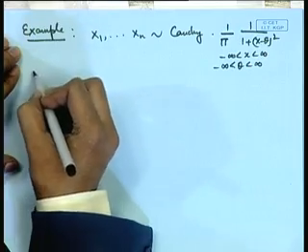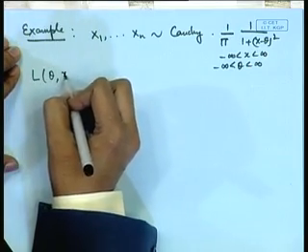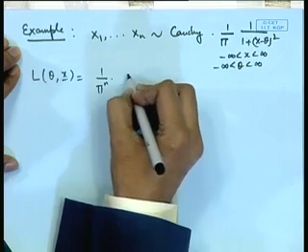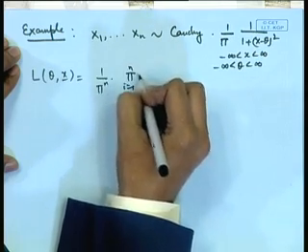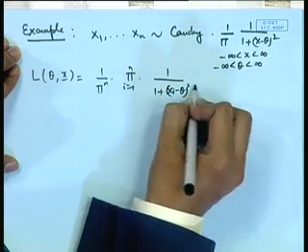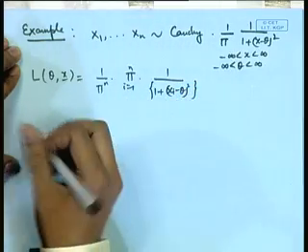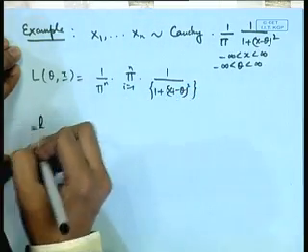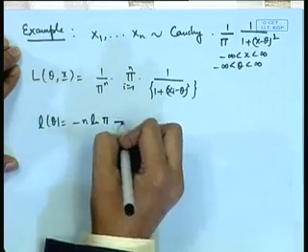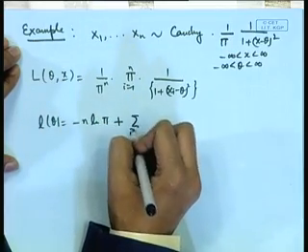Let us look at the likelihood function, that is equal to 1 by pi to the power n, and product i is equal to 1 to n 1 by 1 plus x i minus theta square. So, log likelihood function is then equal to minus n log pi plus sigma i is equal to 1 to n.